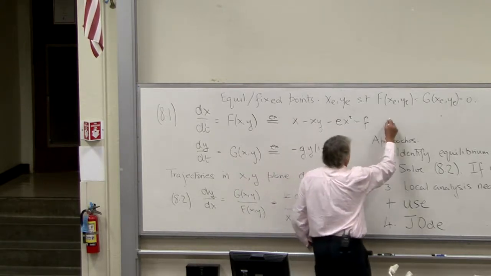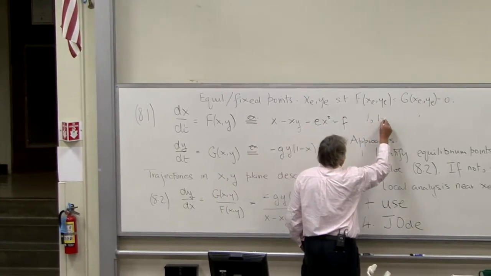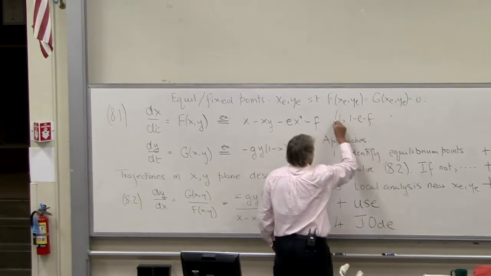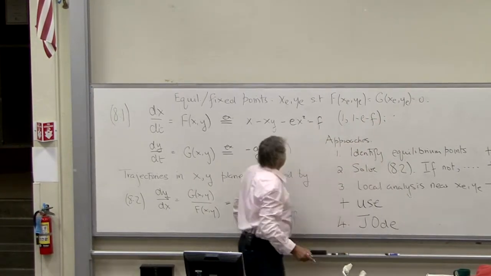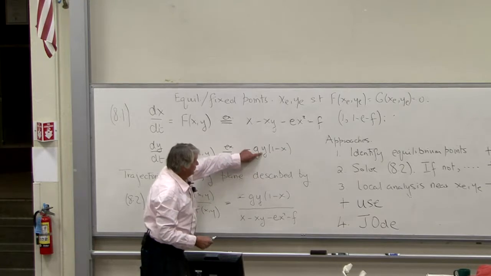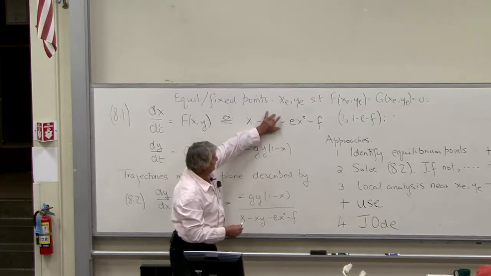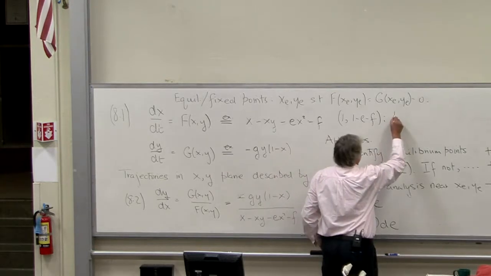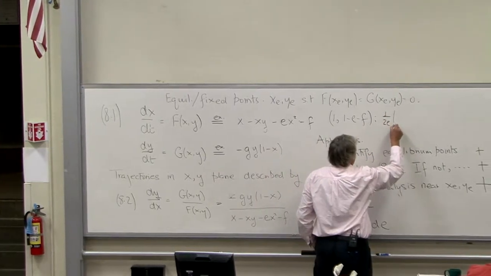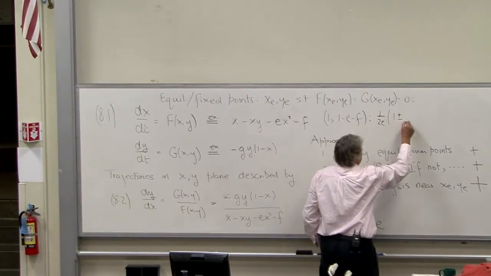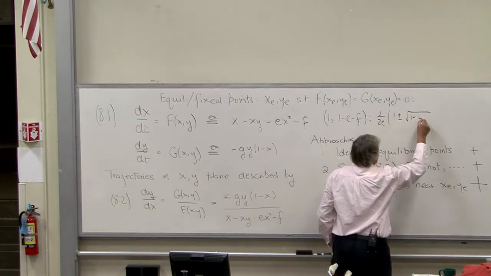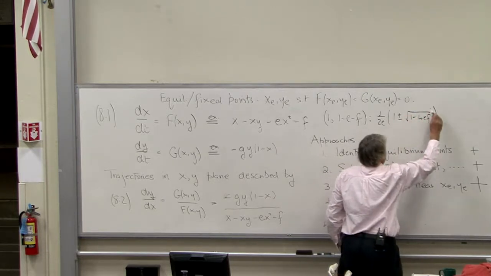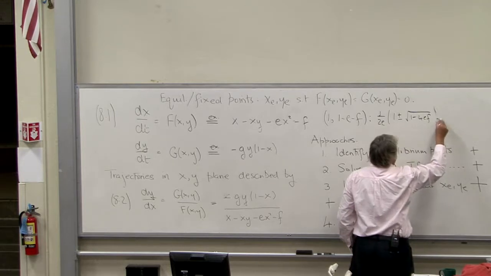So one fixed point is this. Another is when y is 0. When y is 0, this disappears, and now we're back to this quadratic equation, and the other fixed point is x equals 1 over 2e times 1 plus or minus the square root of 1 minus 4ef, and the y component is 0.